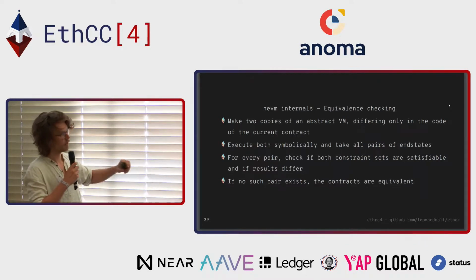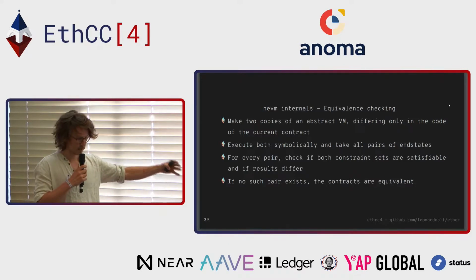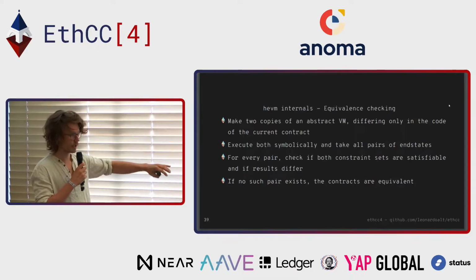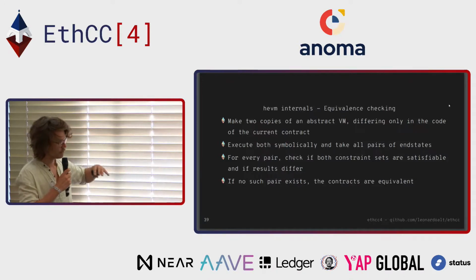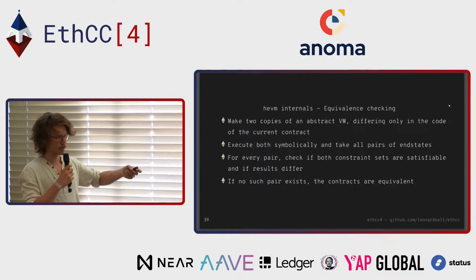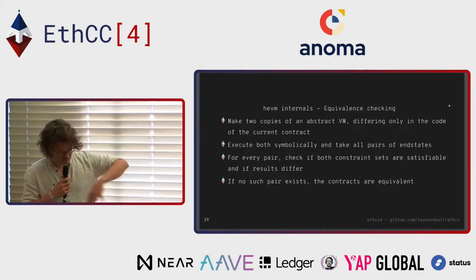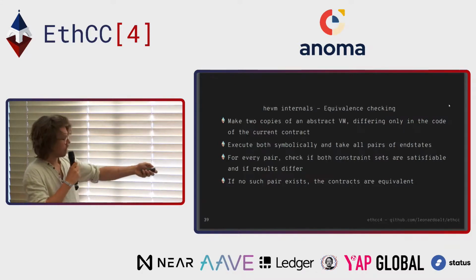We copy the entire VM state, and we change only the contract code. So now we can explore 2 VMs that differ only in the code of the current contract that we're executing. And we explore all of the paths in both contracts, and we look at all of the pairs of end states that we have.